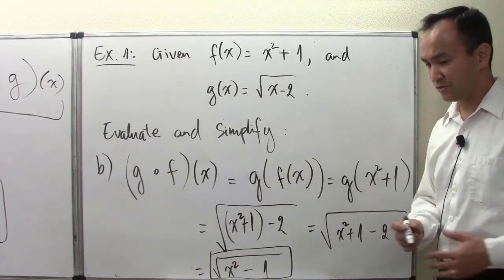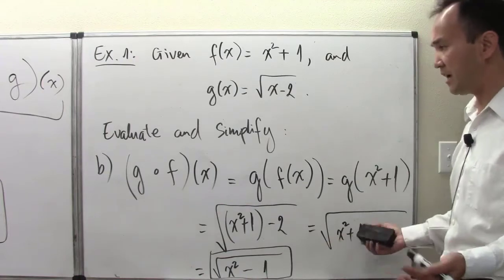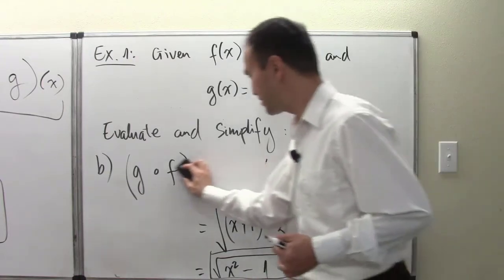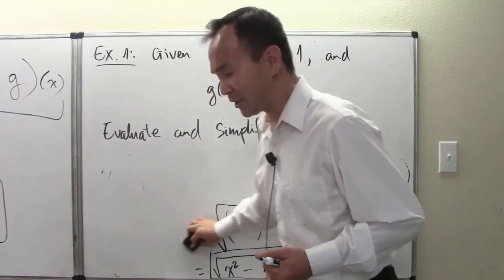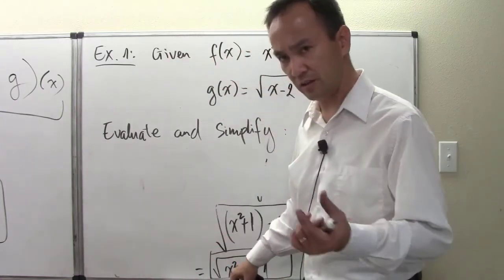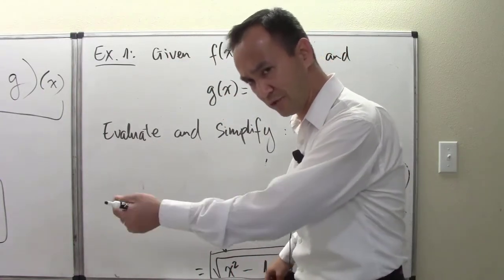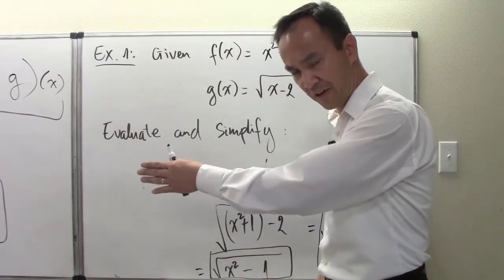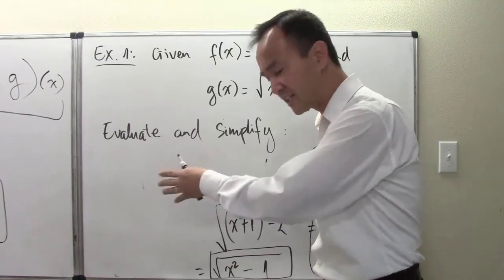All right, so now that's enough with part B of the example. Let's challenge ourselves a little more. The idea of a composition of two functions, a function composed with another function.